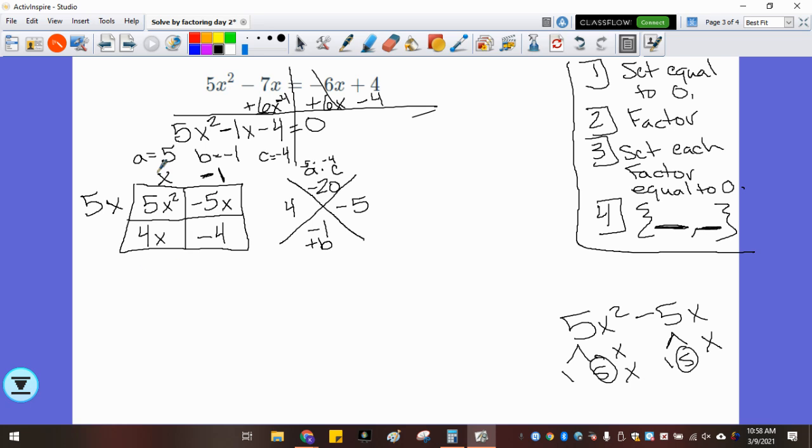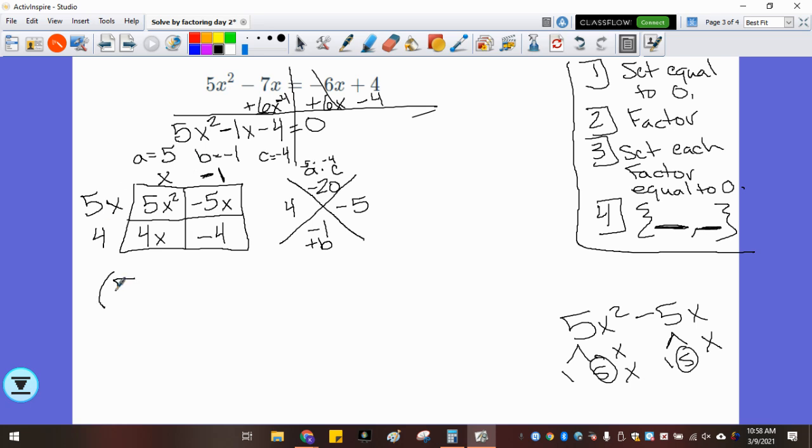And then we have x times 4, you get 4x. Or you can think of it as division: 4x divided by x is 4. So 4 times negative 1 is negative 4. And that's factored.